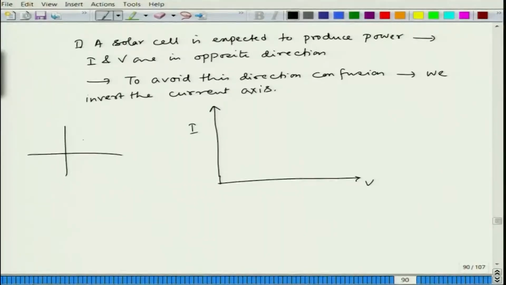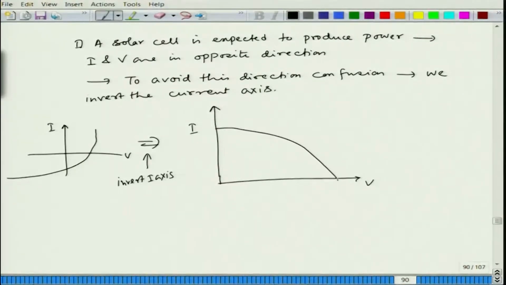Let me draw it like this. Earlier we have seen it will be somewhat like this, V and I. Now, if we invert the I axis, this fourth quadrant will look like this, right. So, this is the fourth quadrant which is of operational importance.